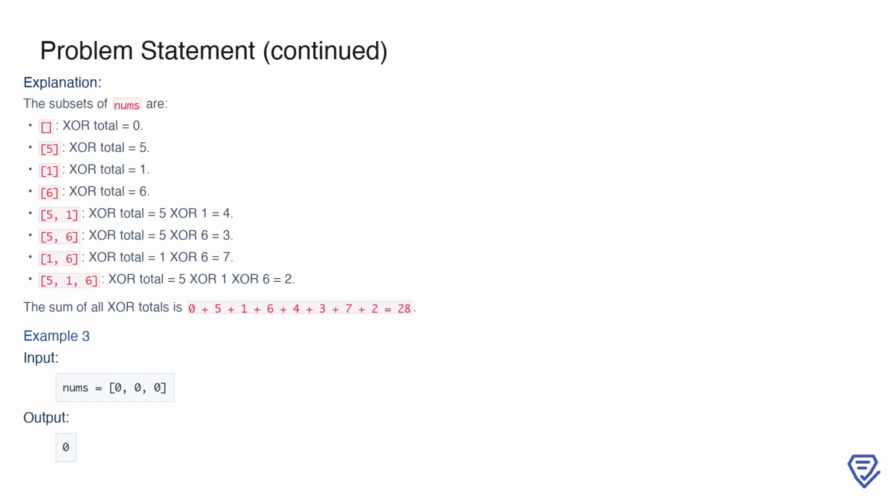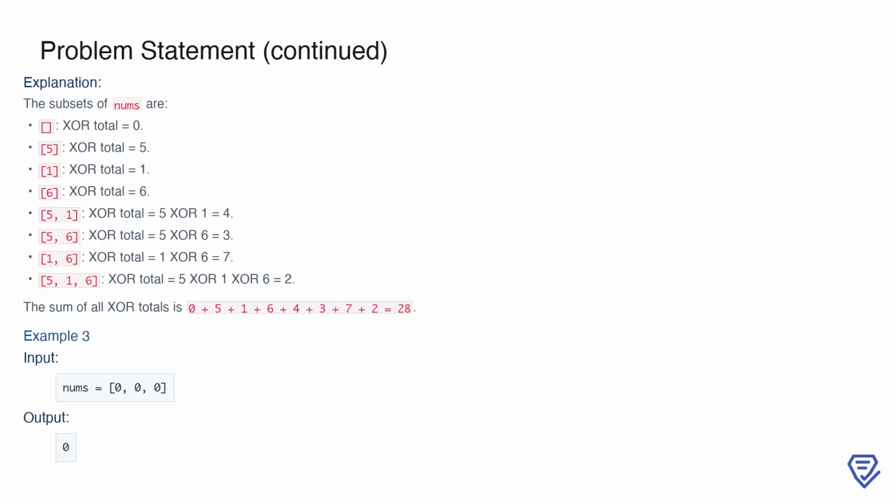The single element subsets 5, 1, and 6 have XOR totals of 5, 1, and 6, respectively. Next, for subsets with two elements, 5, 1 gives 5 XOR 1 equals 4, 5, 6 gives 5 XOR 6 equals 3, and 1, 6 gives 1 XOR 6 equals 7. Lastly, the full subset, 5, 1, 6, results in 5 XOR 1 XOR 6 equals 2.